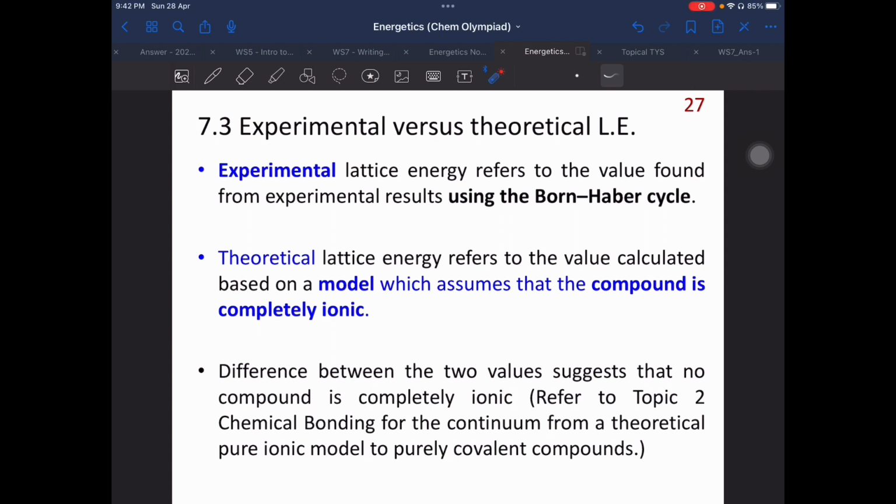So just want to emphasize a bit more, maybe perhaps about LE, right? So lattice energy, one important concept to take note of is that experimental and theoretical values can differ. Now, I've been talking about experimental and theoretical values quite a while, and you'll realize that it's quite common for these two types of values to not tally up.